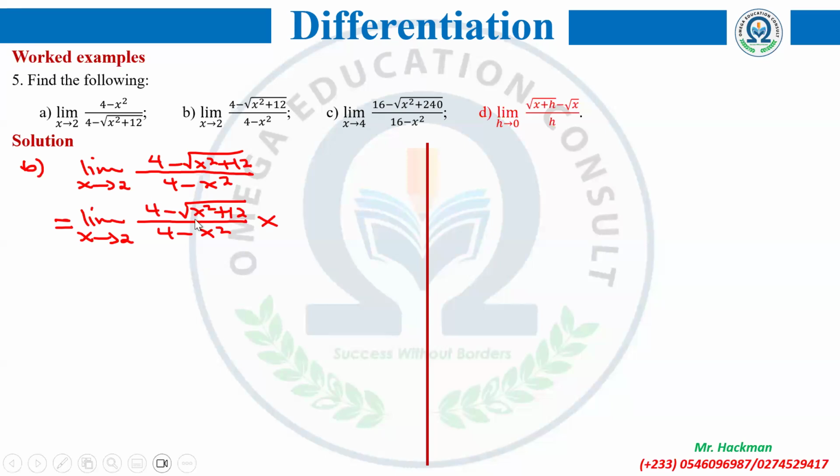The conjugate of the numerator is 4 plus root of x squared plus 12, the same conjugate that we had for the other one. So 4 plus root of x squared plus 12, all over 4 plus root of x squared plus 12.